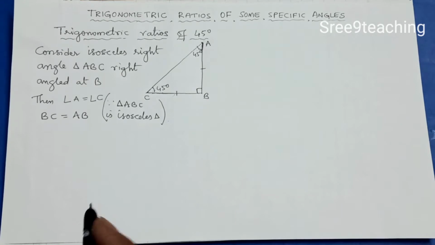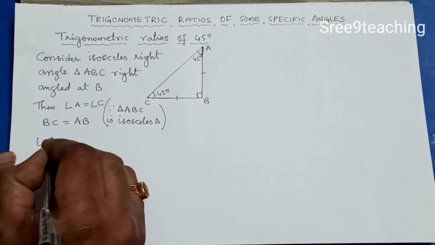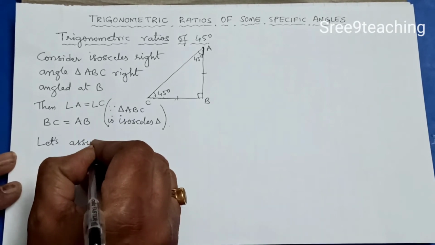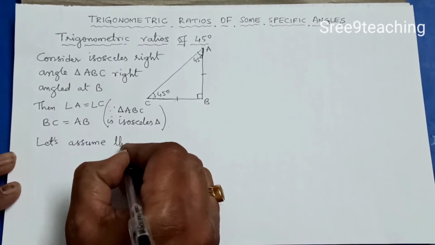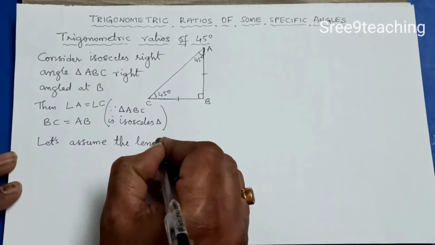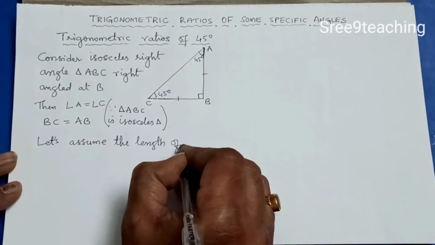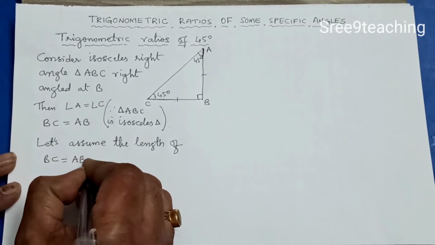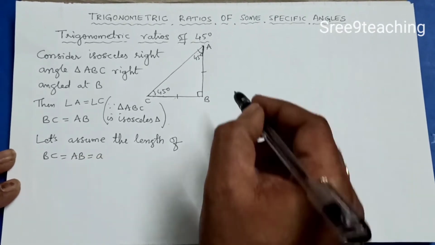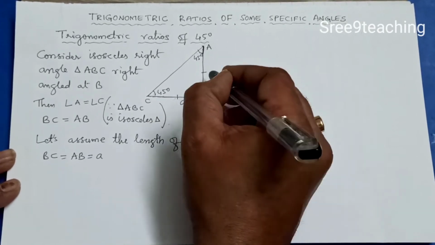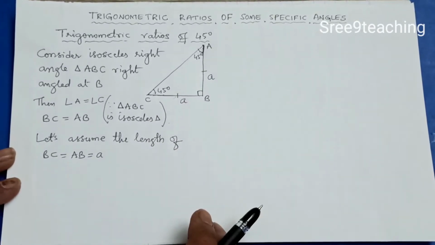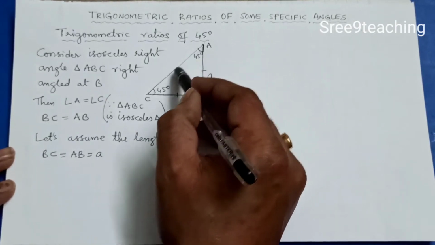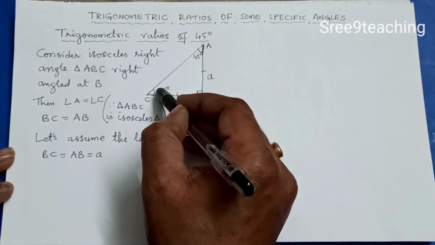Now let us assume the length of the sides BC is equal to AB is equal to A. Let this side be A and this side also A units. As the two sides are known, we have to find the third side. How can we find?